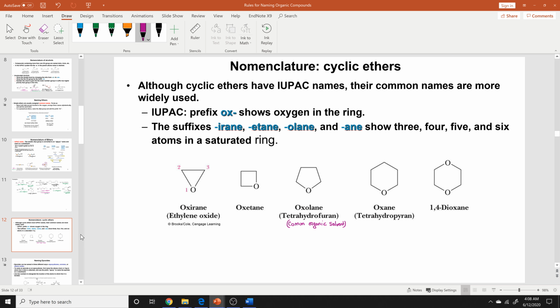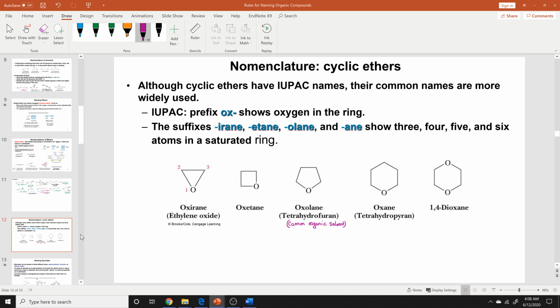Now, with respect to the IUPAC name, we use the prefix ox, and ox shows that there's an oxygen in the cyclic ring. And then whatever comes after the ox tells me how many atoms there are in the ring.